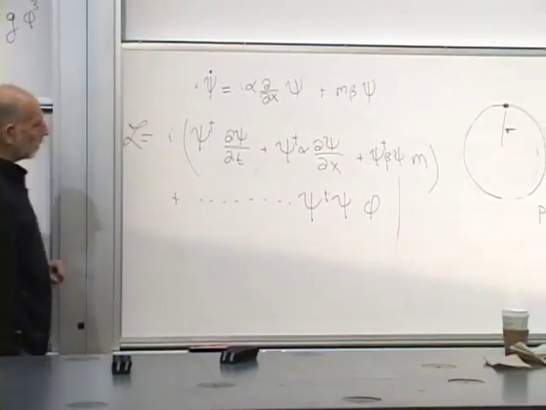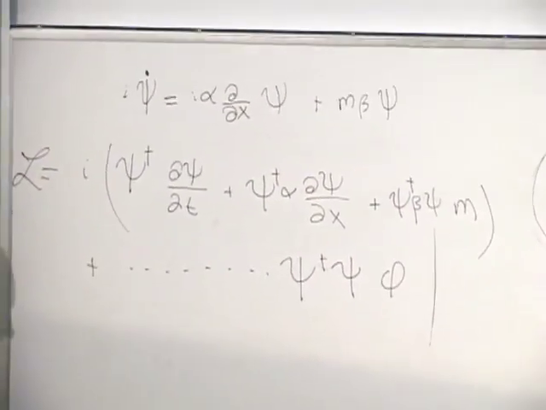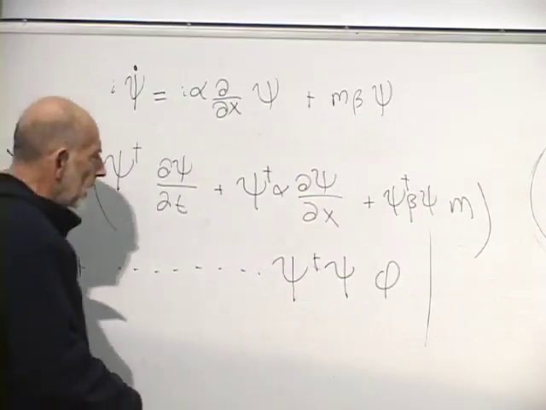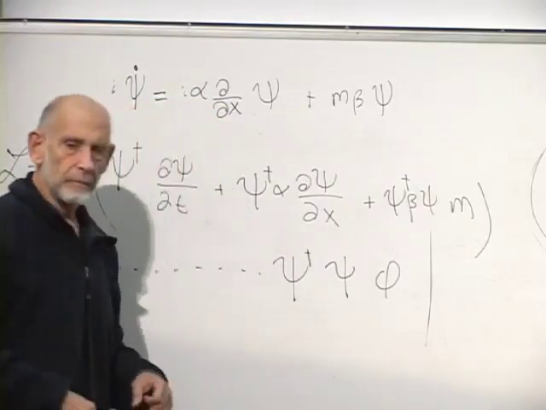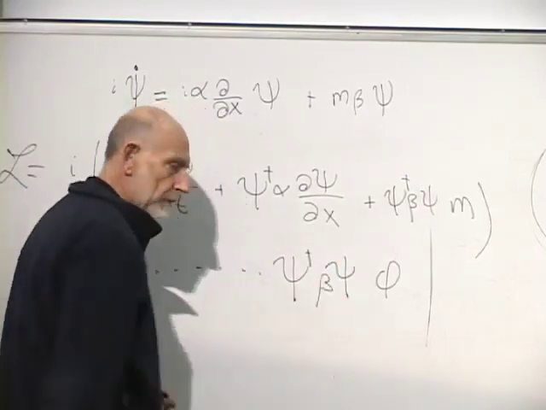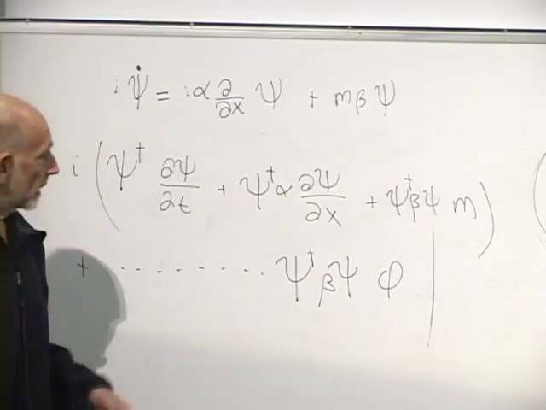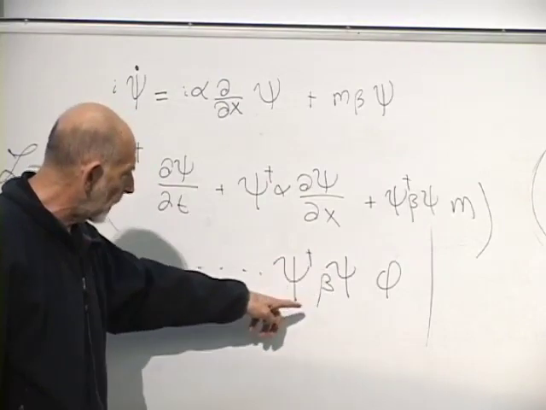Now, this is not really quite legitimate because it's not Lorentz invariant. If you wanted to make it Lorentz invariant, I'm not going to explain this tonight, we'd have to go back to some of the Dirac matrixology, but you would just put in a beta in here. That would make it Lorentz invariant. The beta is just a matrix. It doesn't change the structure in any appreciable way.